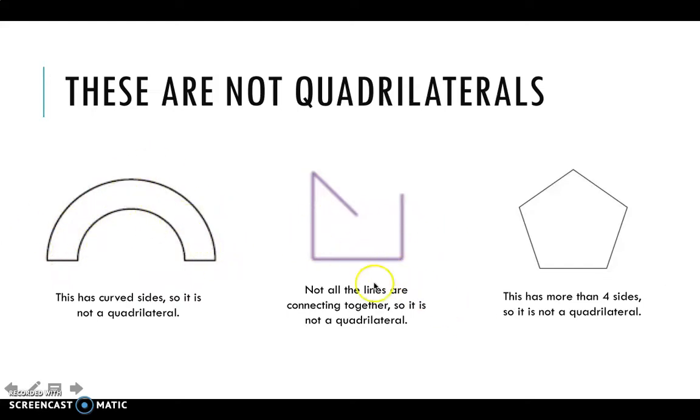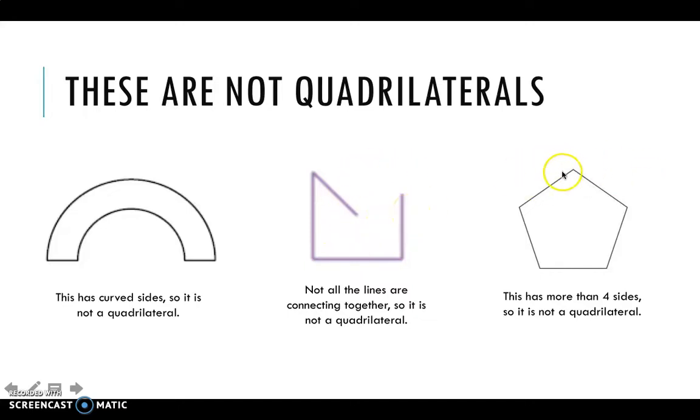This one has four lines, but not all the lines are connecting together. So therefore it is not a quadrilateral because all the sides need to be connecting. There's a big gap here, so that means it is not a quadrilateral.